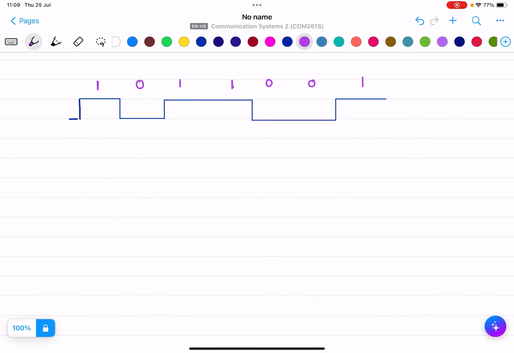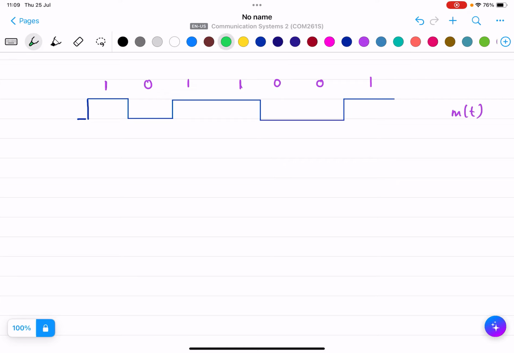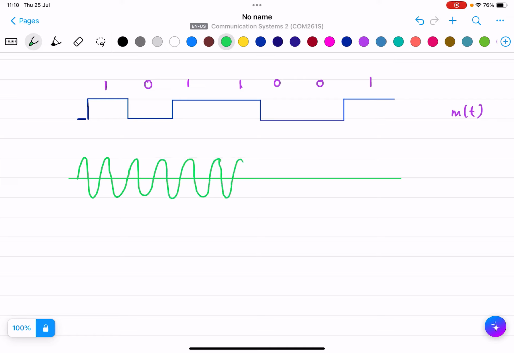Okay. Now if I need to do it for ASK first, this is my message signal m(t). For ASK, let us draw a carrier waveform. We can choose our own frequency. You can choose very high frequency or low frequency, it's up to you.